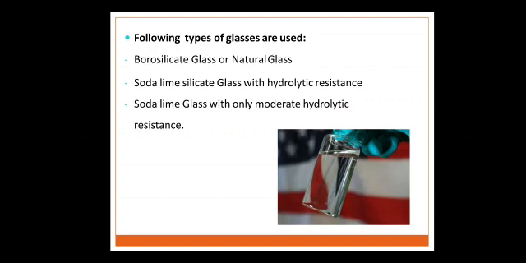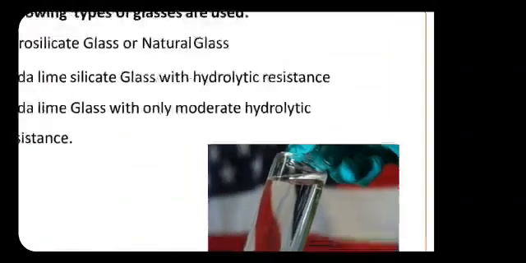Third one is the type 3 glass, which is a soda lime silicate glass with only moderate hydrolytic resistance. Containers made from this glass are generally suitable for non-aqueous preparations and powders for reconstitution immediately prior to the administration.